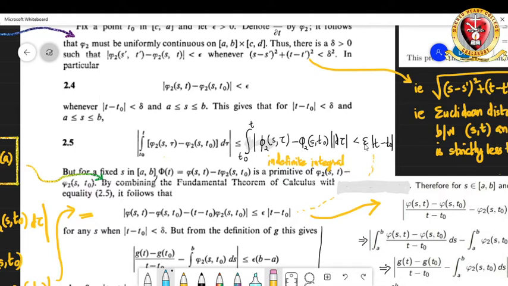Now we are going to fix an s in closed interval AB. Define capital Phi of t to be equal to phi of s t minus t into phi 2 of s comma t naught. Then we can see that this Phi of t, which is equal to the term sitting here, is actually an indefinite integral of phi 2 of s t minus phi 2 of s t naught.